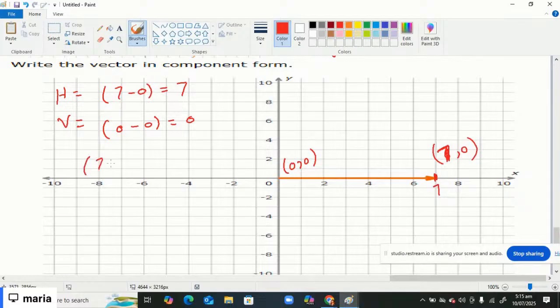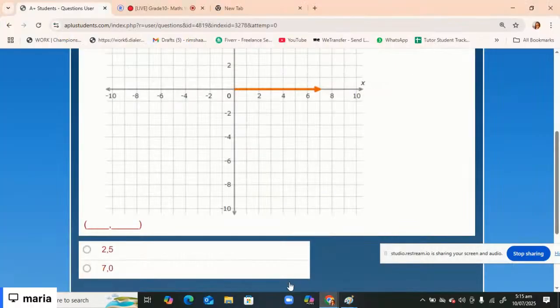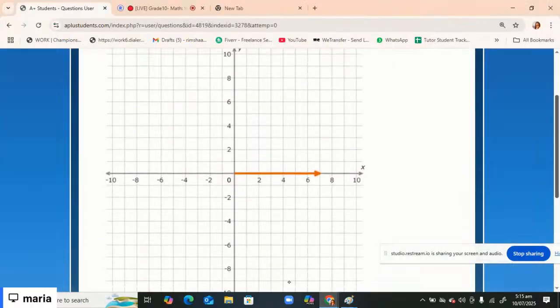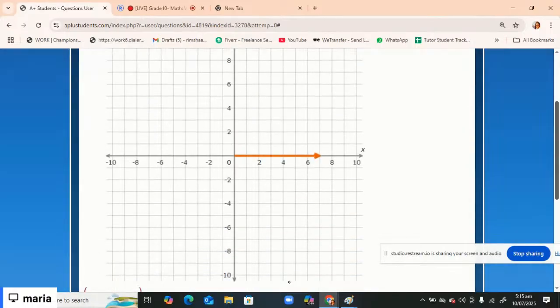And when you write it, it is 7 and 0. Let's see, is there any option for 7 and 0? Yes, it's the second option, and this is the right answer.